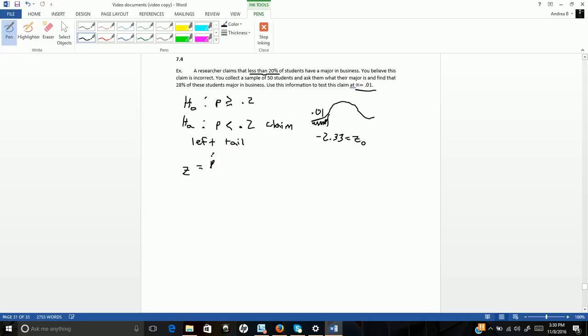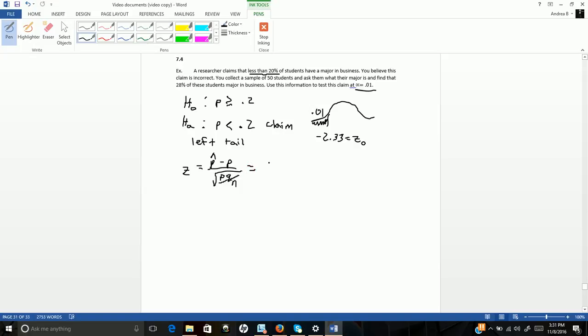It is p hat, which means your sample proportion, minus p, which is the population proportion, all over the square root of p, the population proportion, times q, the proportion of failure related to that population value, because remember, P is probability of success, Q is the probability of failure, all divided by N. All of that is underneath that square root symbol.